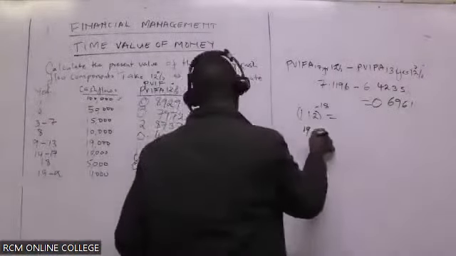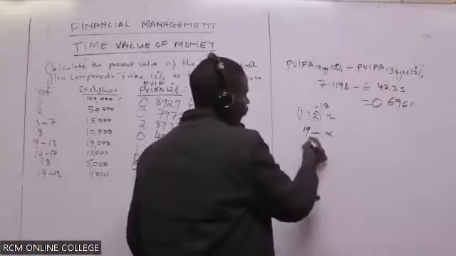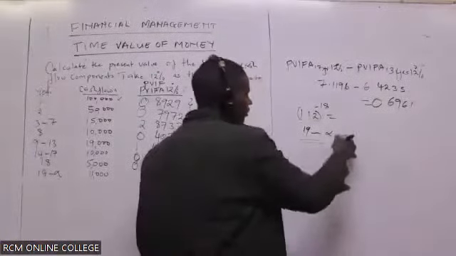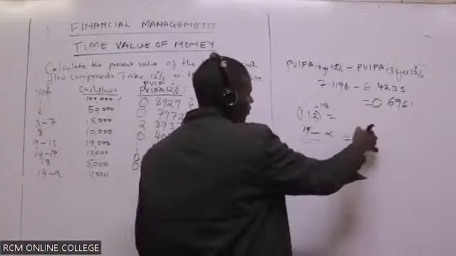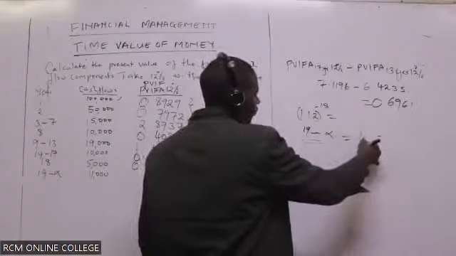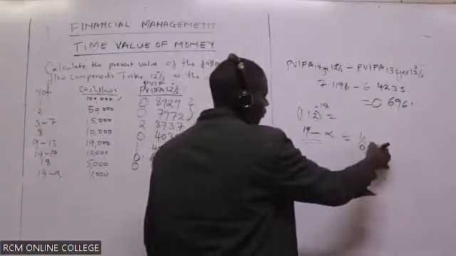Year 19 to infinite. We said to get the present value of infinite, it is 1 over R. R is 0.12.